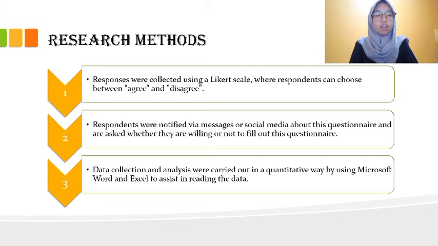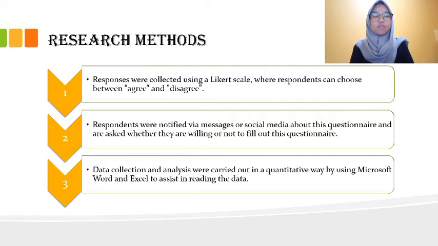By providing an online questionnaire, which was distributed on several social media, the participants can easily complete it. The last one is the data collection and analysis. Before we talk about that, consent was given for the respondents who were willing to complete the questionnaire.